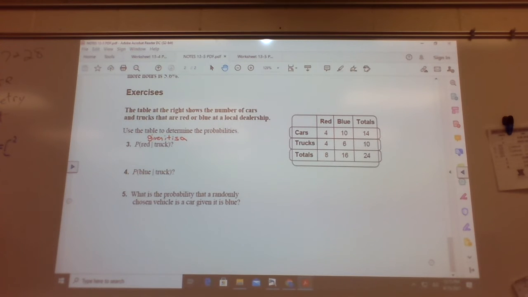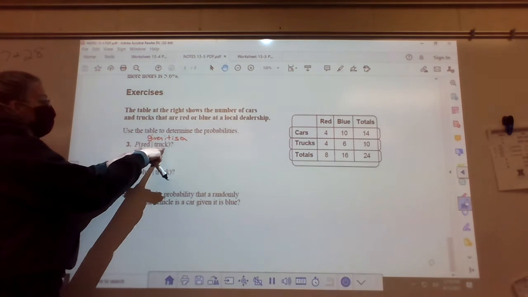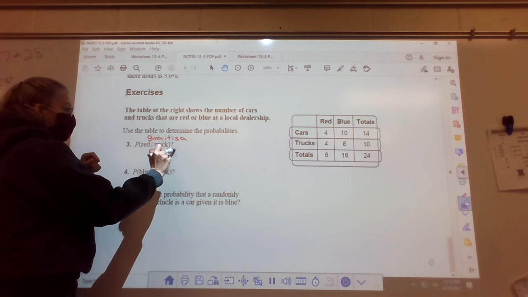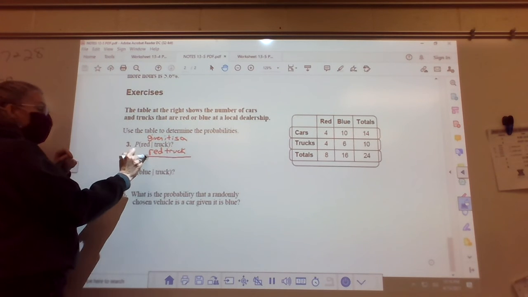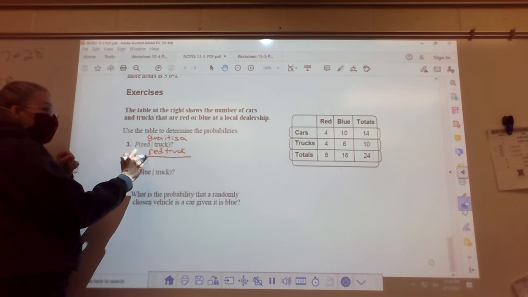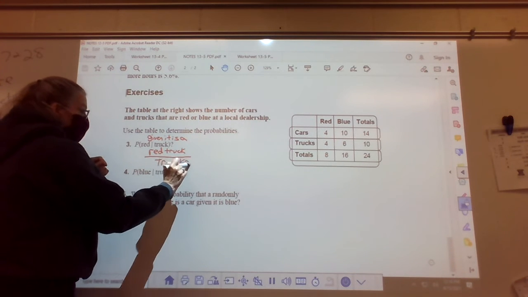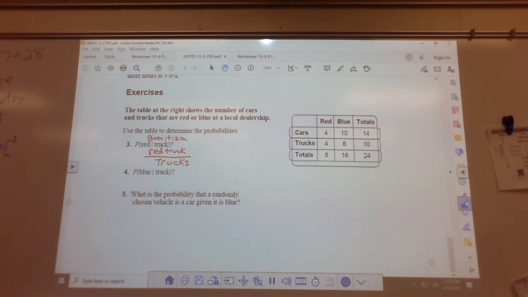So basically what I'm looking for is my red trucks out of, not the total like I normally do, but just out of the trucks. Because I only care about the truck numbers.